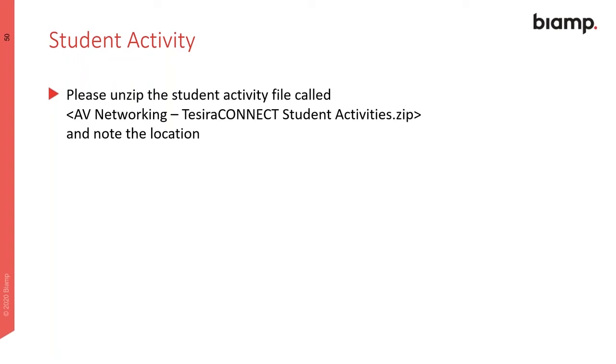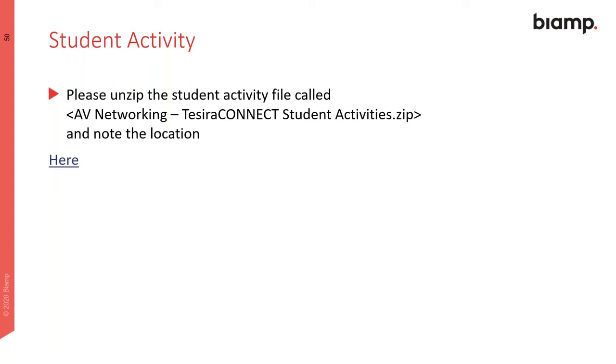All right, so now let's do some activities. In your handout, in the slide of the student activities, you will find a link. You just need to click this file, and I will give you some minutes to do that.